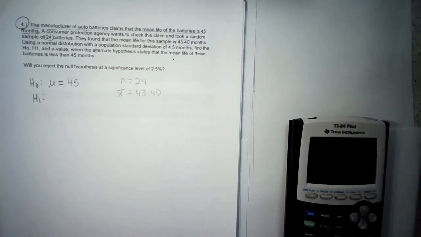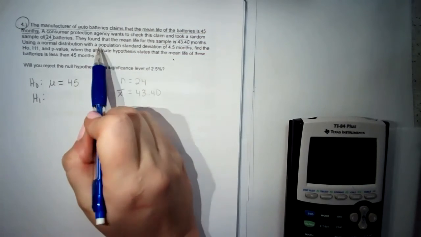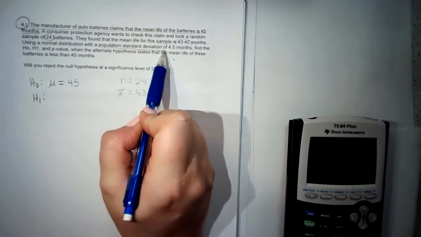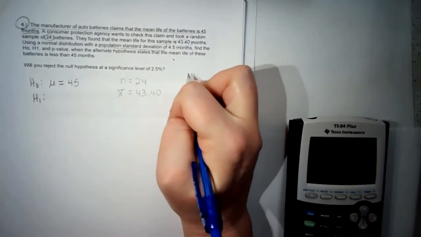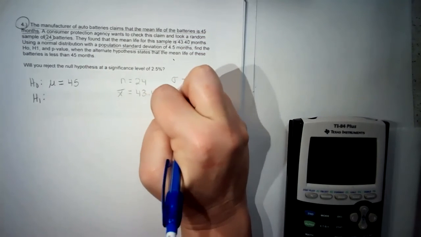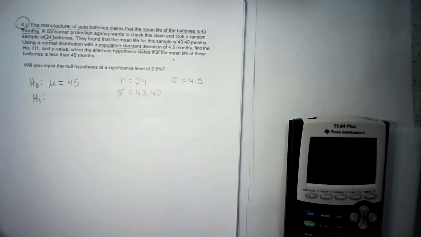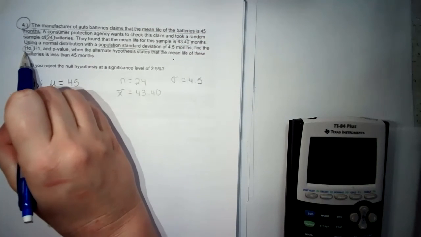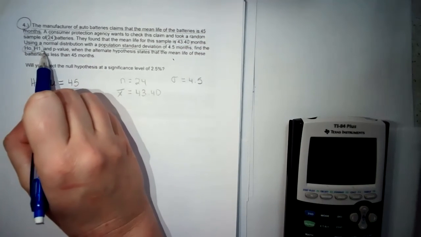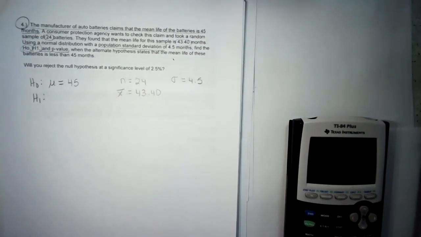Okay. Using a normal distribution with a population standard deviation, what does that mean? Sigma of 4.5 months. This was going to be the last sigma I did. I just wanted you to set up one from the get-go. So we're doing sigma known. Find the null, the alternative, and the p-value.